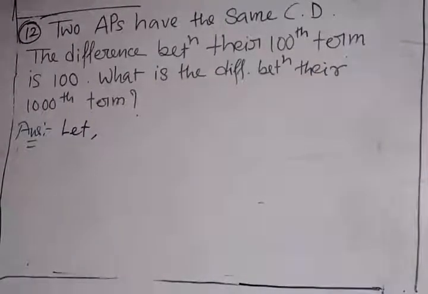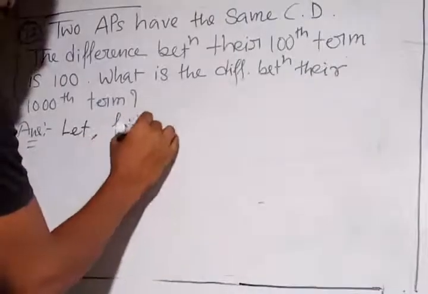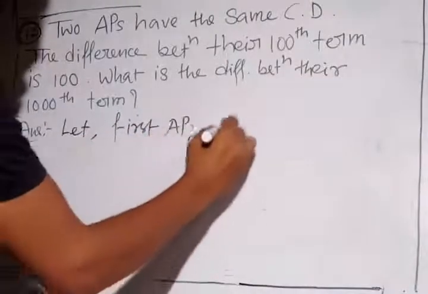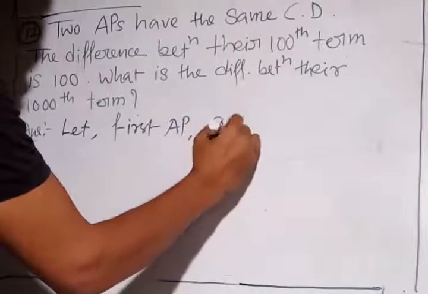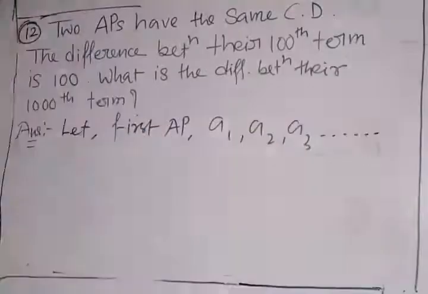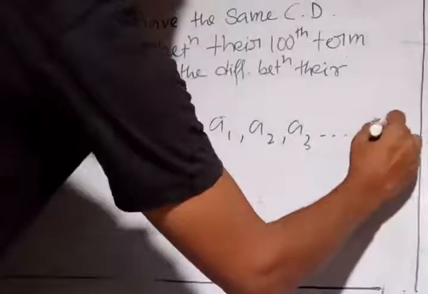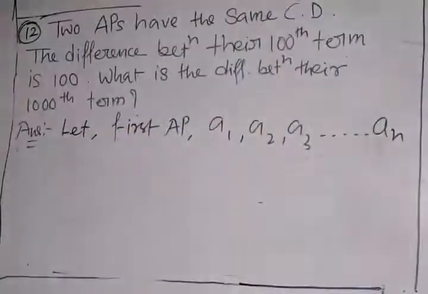Two APs have the same common difference. The difference between their 100th term is 100. Two APs are there, so you have to consider two separate APs. Let the first AP be A1, A2, A3, up to the nth term, AN.